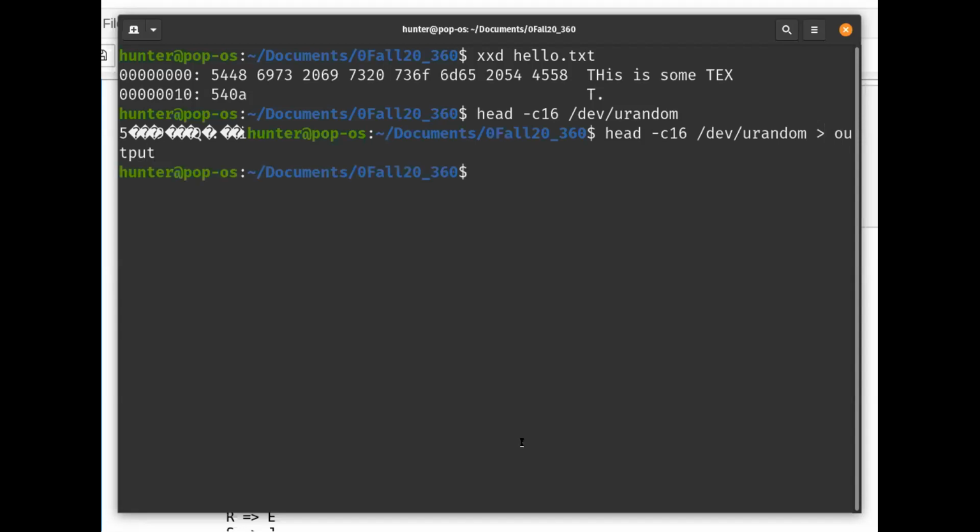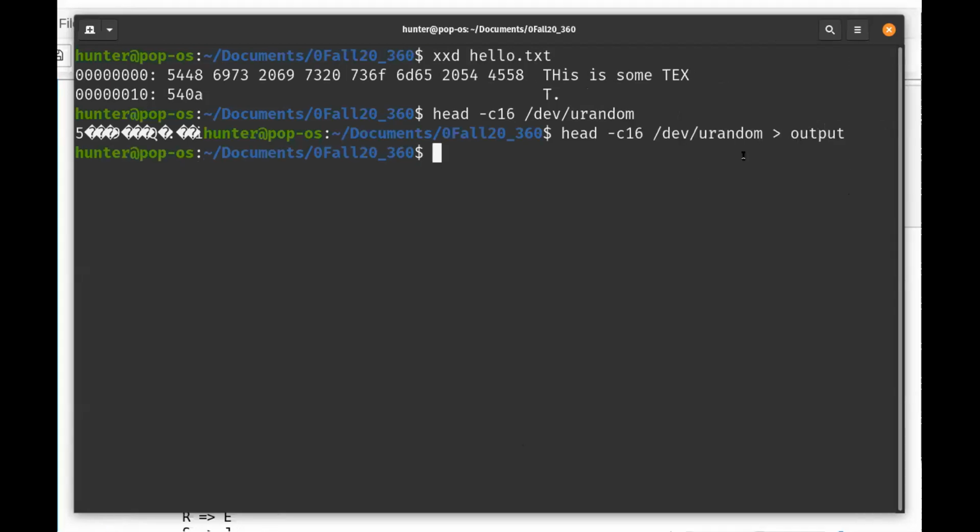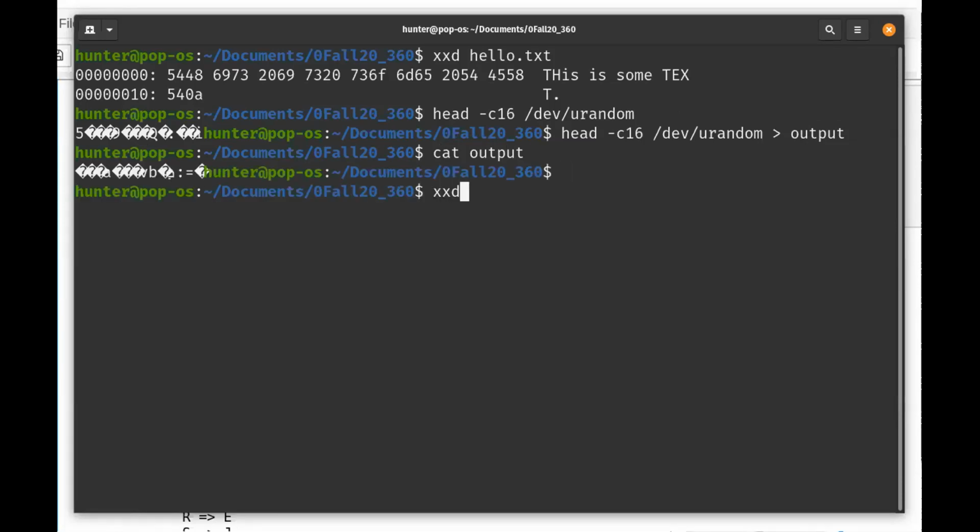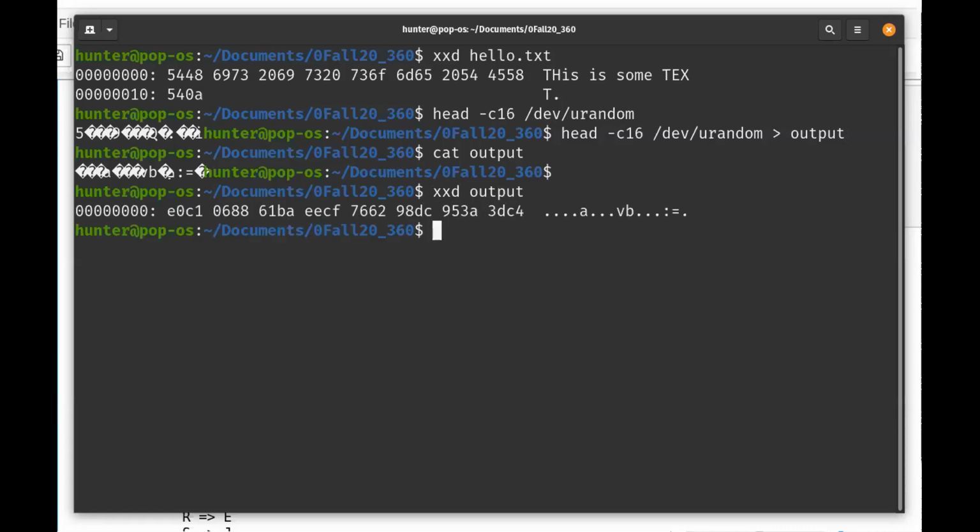What I did is I redirected the output into an output file, and if I dump the output file to the screen, it still looks like gibberish, but I can use a hex editor like XXD to look at the output, and this will show me what the actual binary contents of the file are.